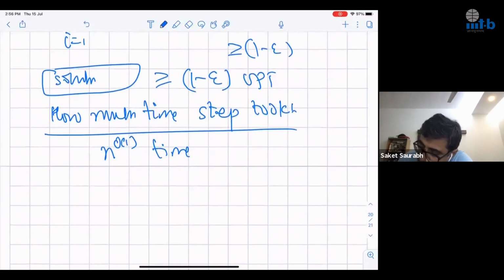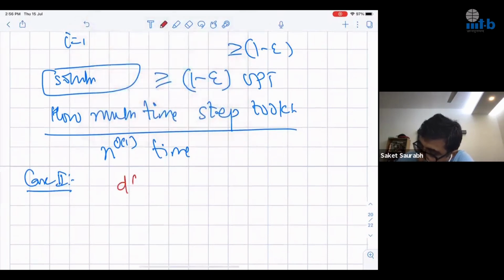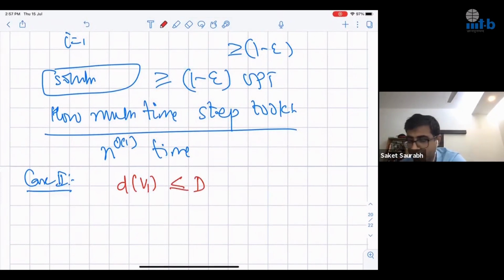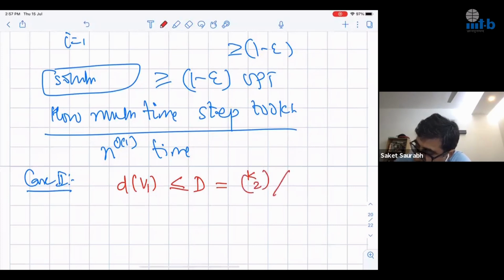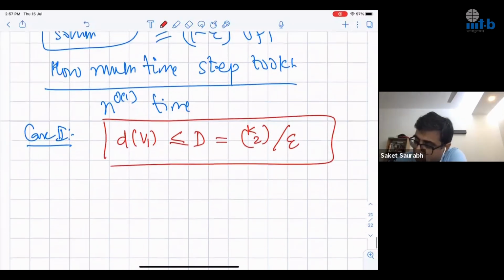This is not going to work when the following happens: degree of V1 is less than or equal to D, which is equal to k choose 2 divided by epsilon. If this happens, then it is not going to work. Am I right? If this is the case, what is an upper bound on T?